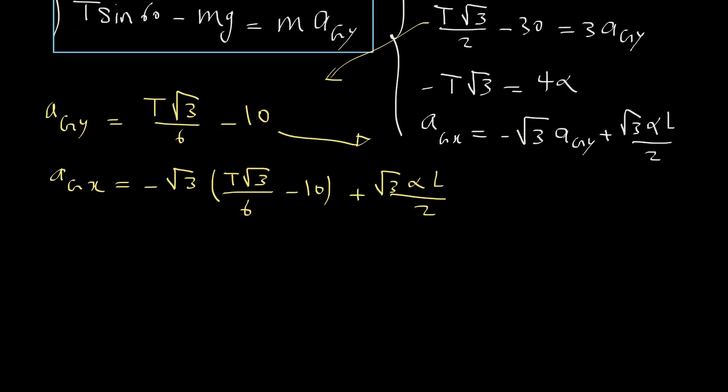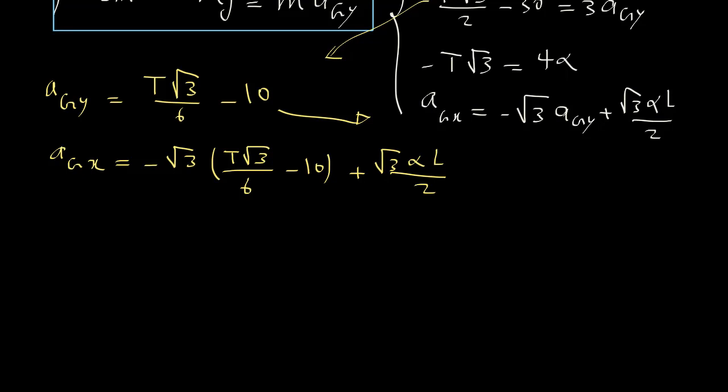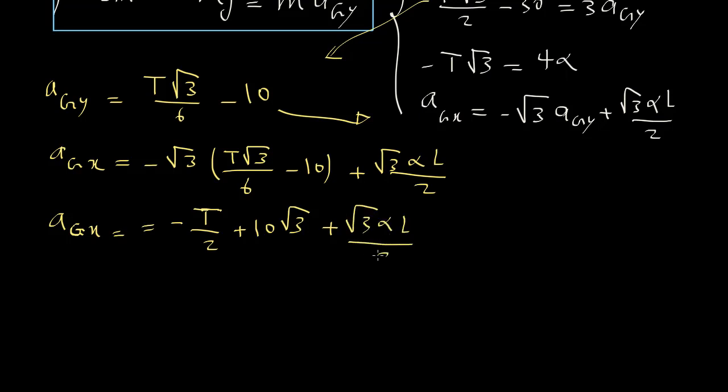Okay, so here we get Agx, just simplifying this, this is going to be 3 over 6, that's going to be minus T over 2 plus 10 square root of 3. And here we get plus square root of 3 alpha L over 2.